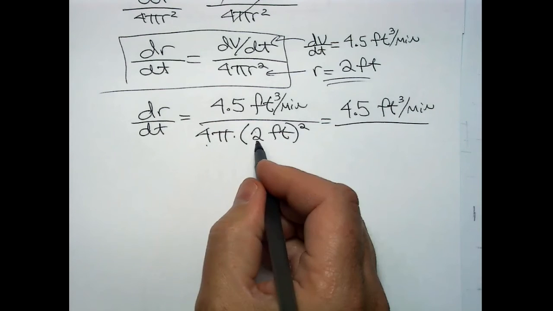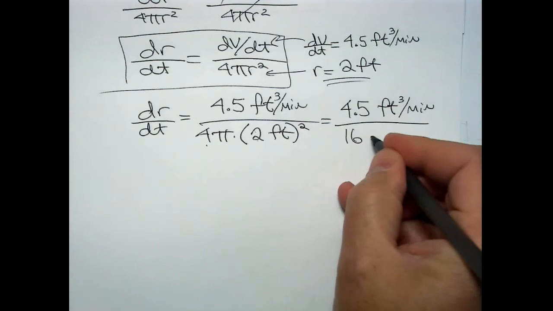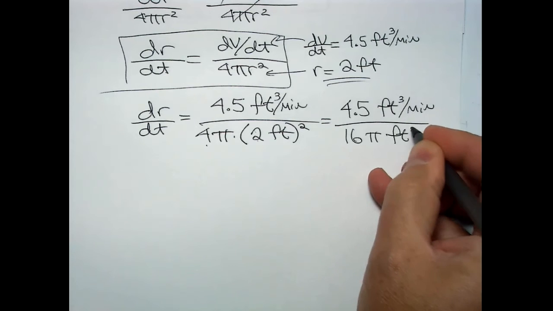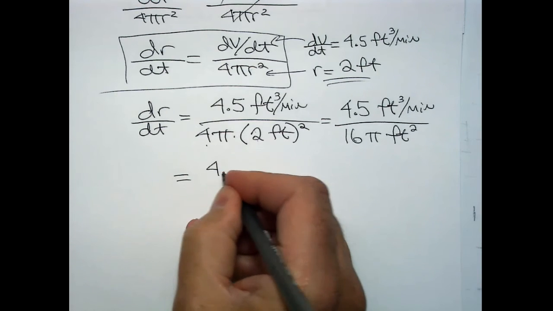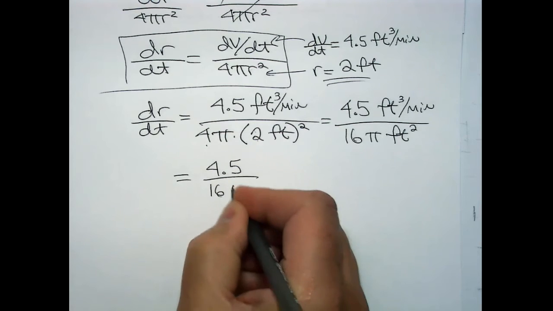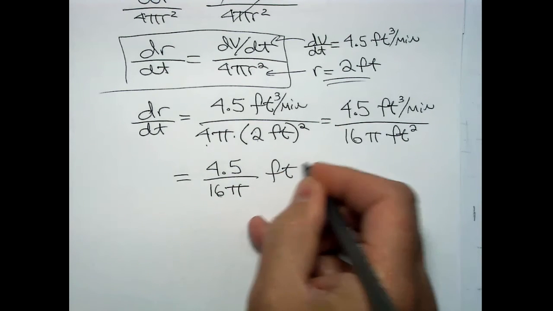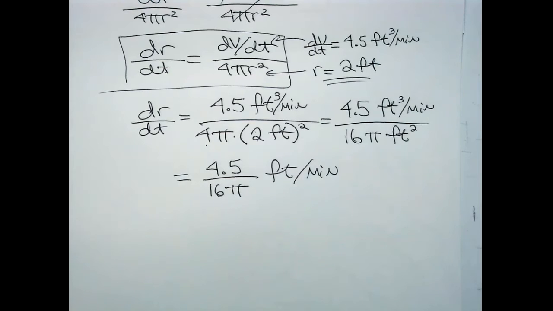This is 4 times 4 is 16 pi square feet. The feet cancel out and leave me with this number. And luckily, the units are correct. Now let's find out what that number truly is. 4.5 divided by 16 pi.